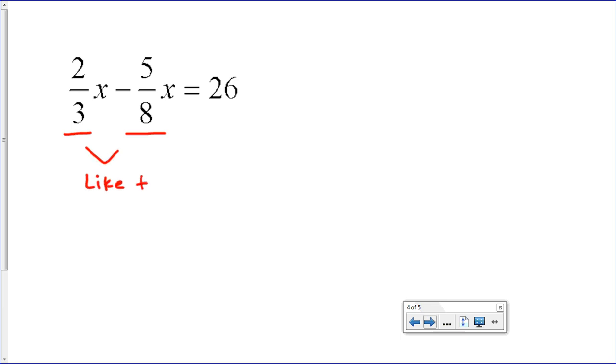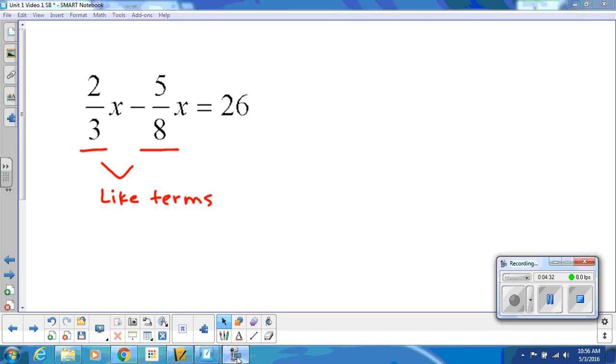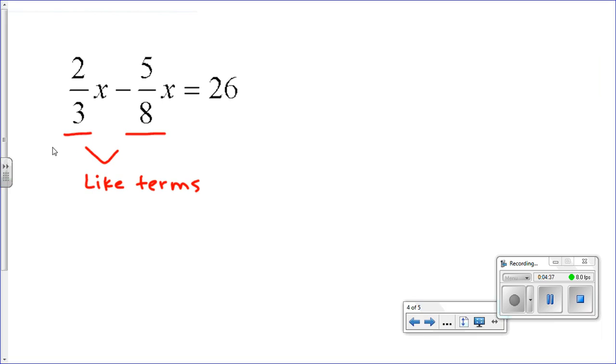So that means you just combine them together with whatever sign is there. So I'm going to subtract. So I'm not trying to do the opposite there. I'm just going to subtract. So if you were to type this in your calculator, you type it in and you get a long decimal that ends up repeating with 6's at the end.